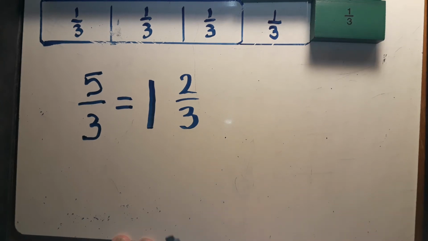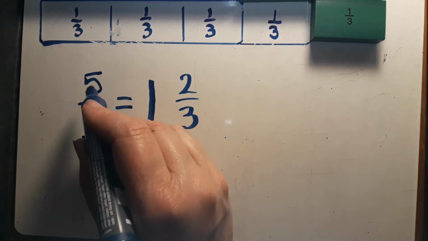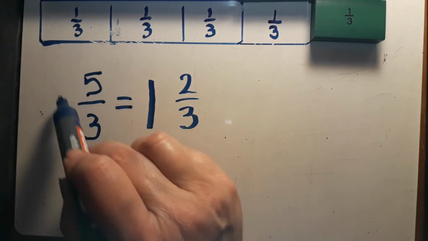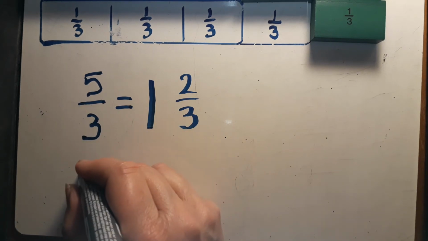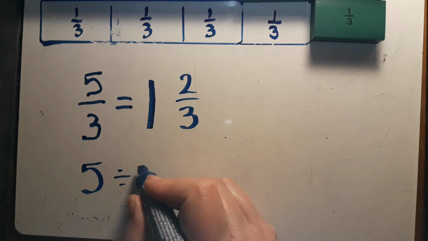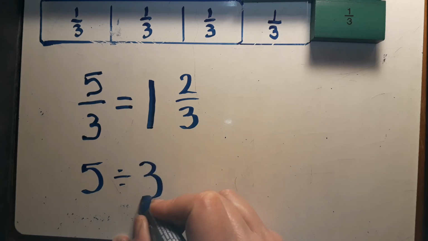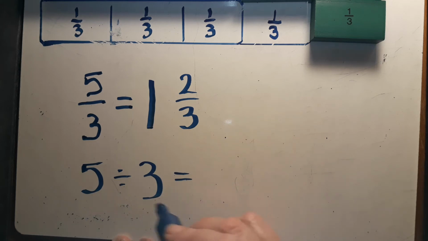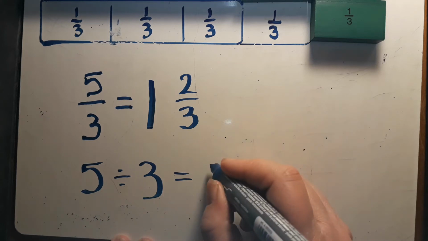I divide the number I have, which is the numerator. The numerator tells you the number you have, by the number in the whole. So 5 divided into groups of 3. How many groups of 3 are there in 5?